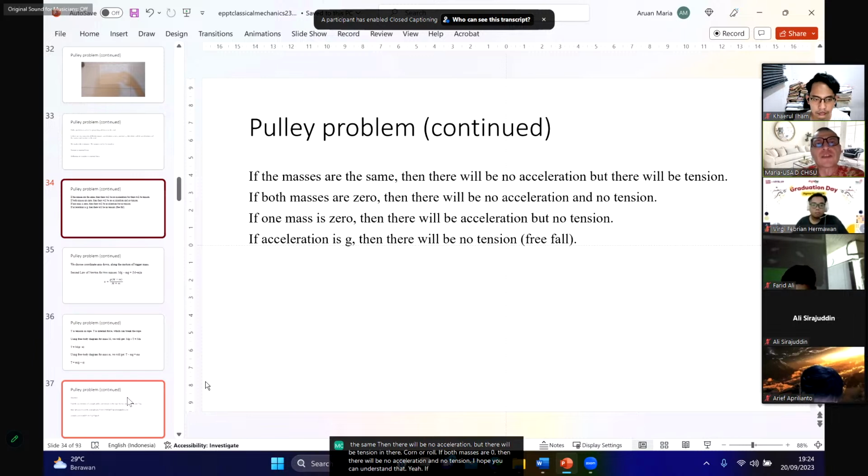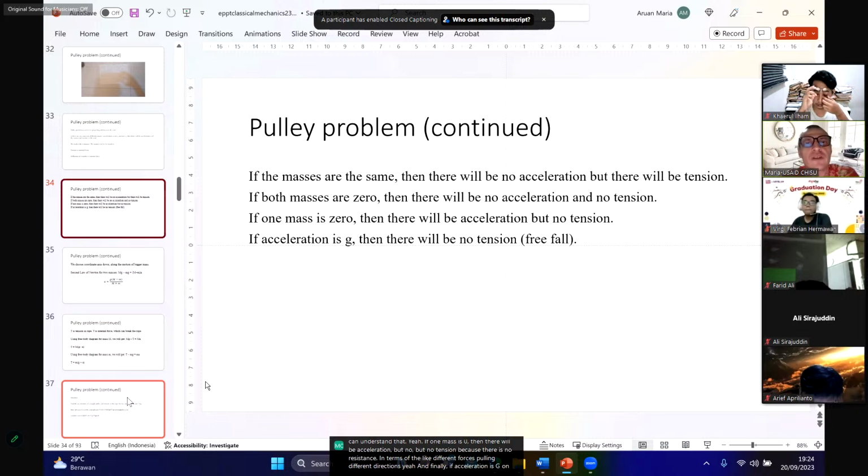If one mass is zero, then there will be acceleration, but no tension, because there are no different forces pulling in different directions. And finally, if acceleration is g or negative g, then there will be no tension; it will be free fall. Questions?